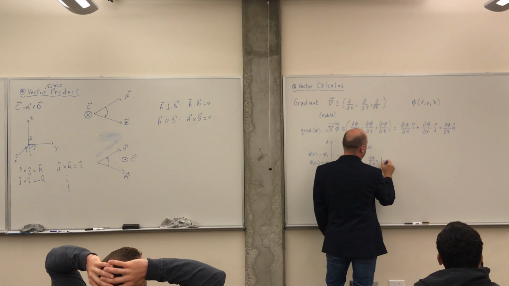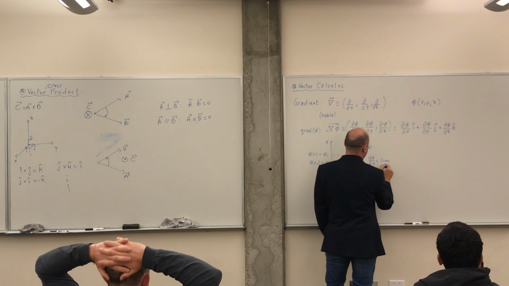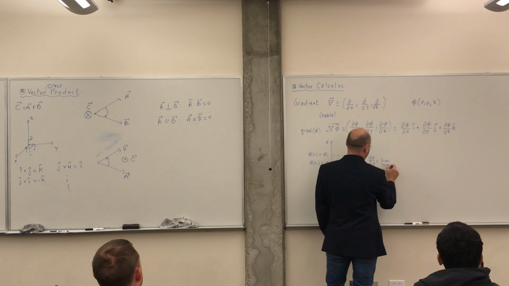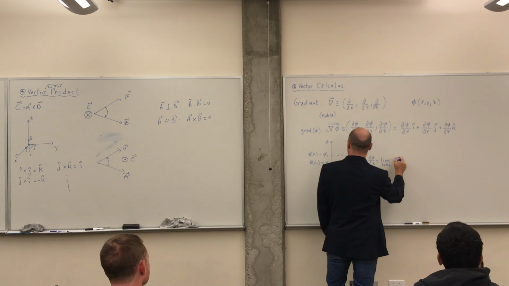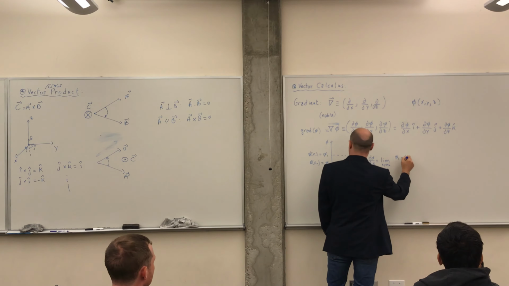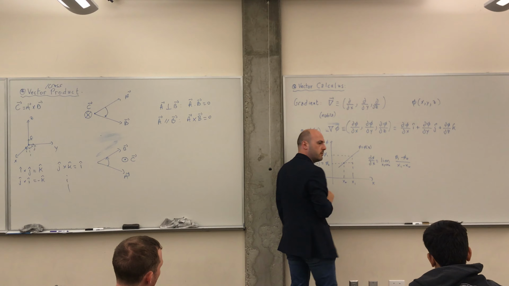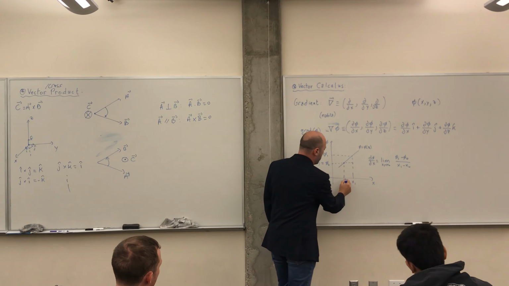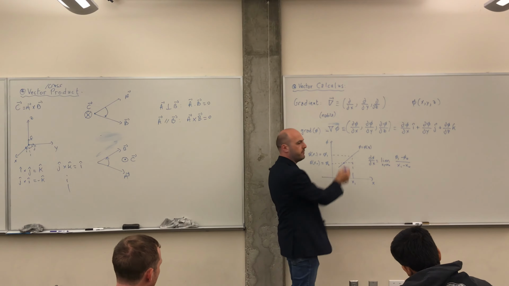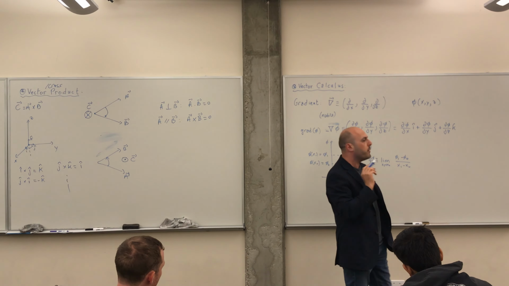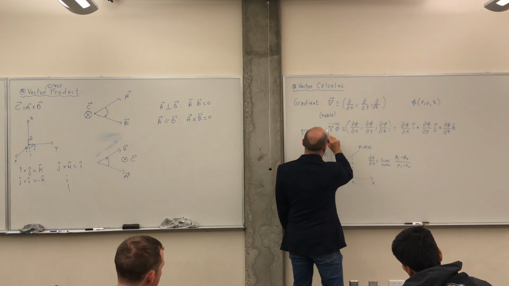So d phi by dx is defined as the limit when x1 approaches x0 of phi 1 minus phi 0 over x1 minus x0. So rise over run. If you move from x0 to x1, how much elevation are you going to gain? Great. But there's something more important about the gradient.